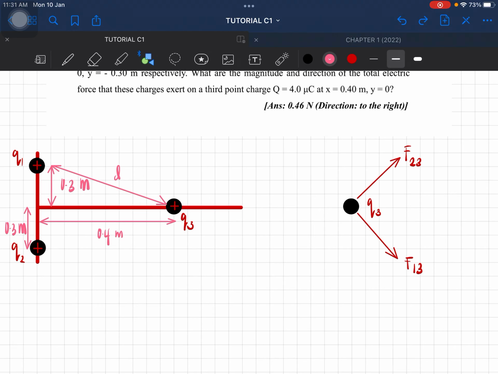I'm just gonna label it as R. So how do we find that distance? We have opposite and adjacent, so we can use tangent.